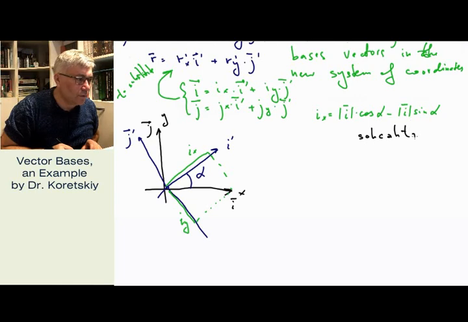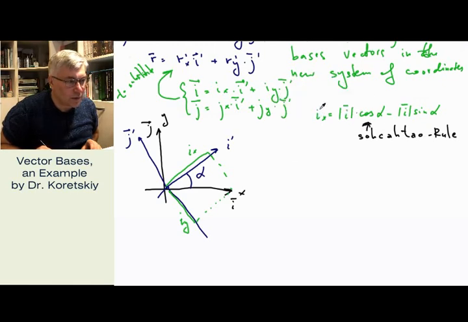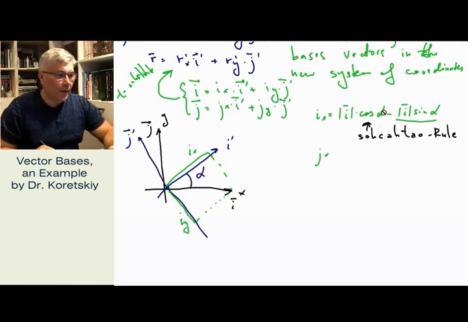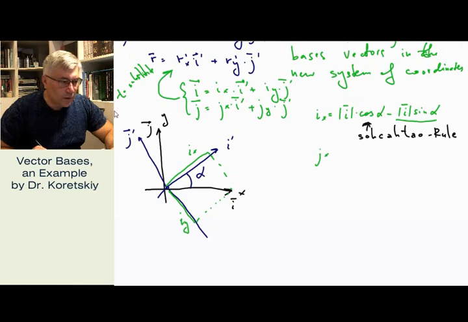For the j vector, jy equals the magnitude of j times cosine alpha, and jx equals the magnitude of j times sine alpha, so jy equals cosine alpha, jx equals sine alpha.